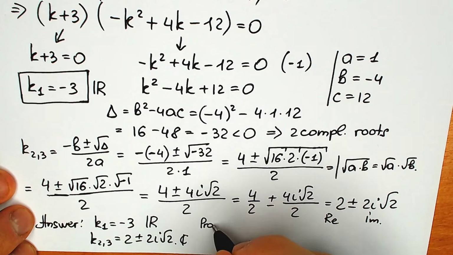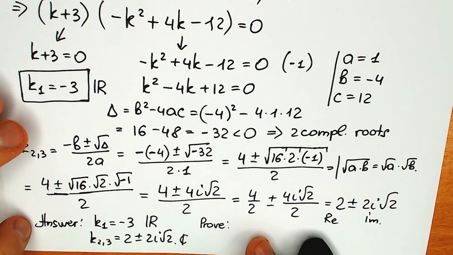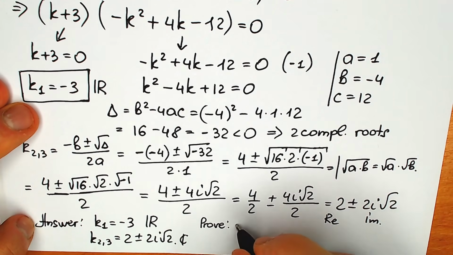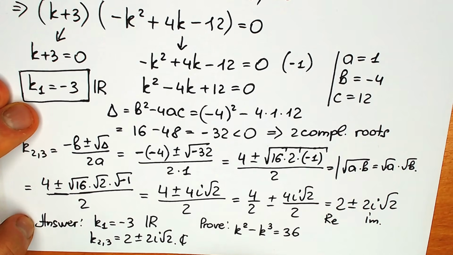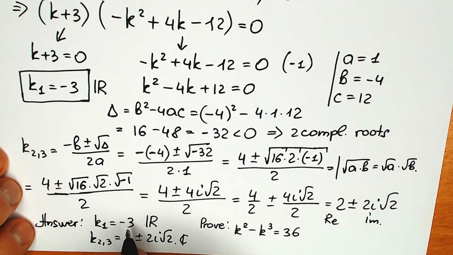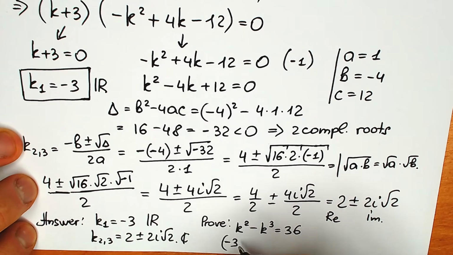Let's check real quick our k first equal to -3, for example. First of all, let's rewrite our equation. So we have k square minus k cube equal to 36. Right now let's check k first equal to -3. So we have (-3) square minus (-3) cube equal to 36.